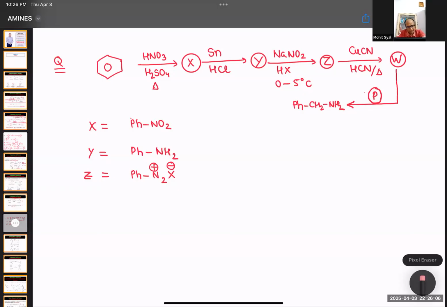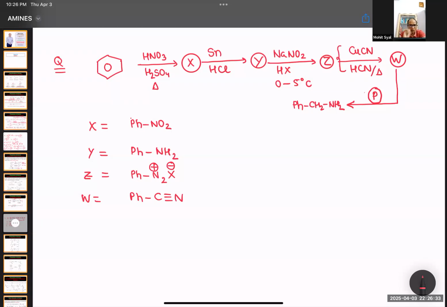Cyanide group. Yes, cyanide group. And is this Gattermann reaction or Sandmeyer reaction? And this is benzonitrile. This is the common name. IUPAC name is benzene carbonitrile. Got it? Suppose if you use copper powder, that is Gattermann reaction.